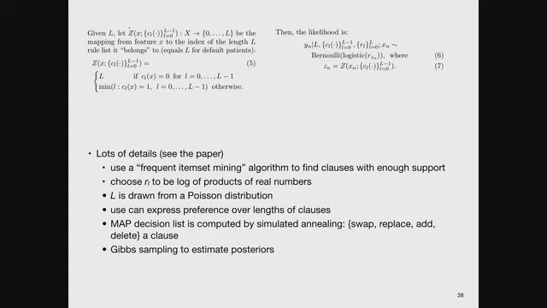And then there's a lot of computational hair where they get mean a posteriori probability estimation by using a simulated annealing algorithm. So they basically generate some clauses, and then they use swap, replace, add, and delete operators in order to try different variations, and they're doing hill climbing in that space.